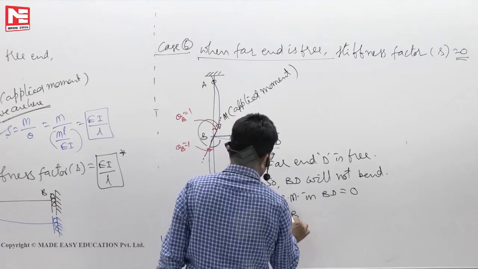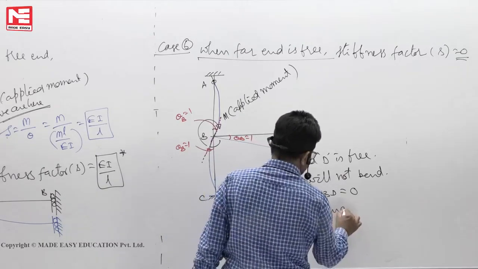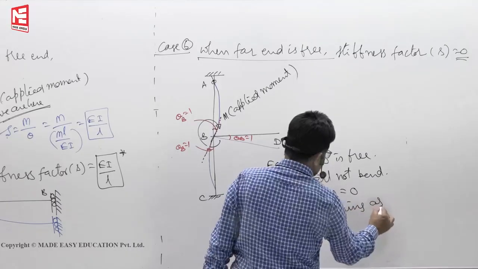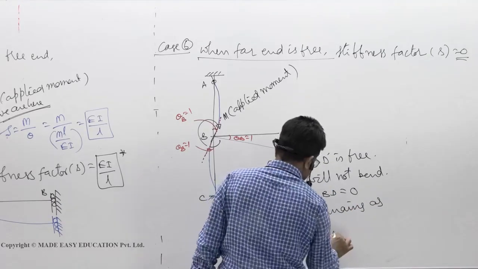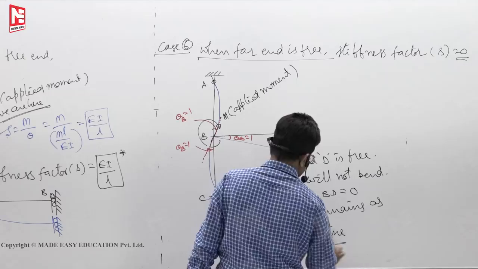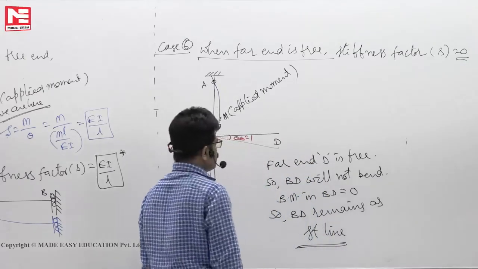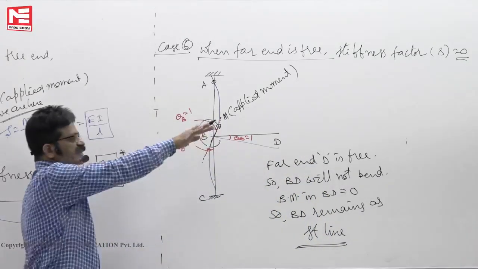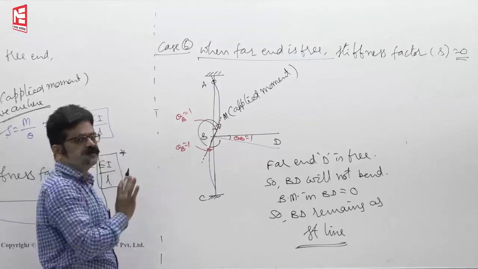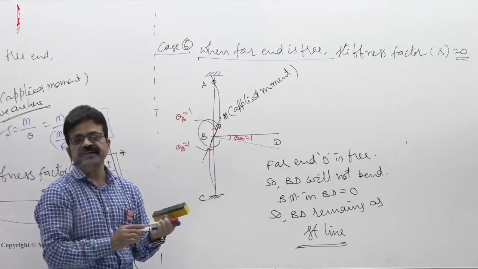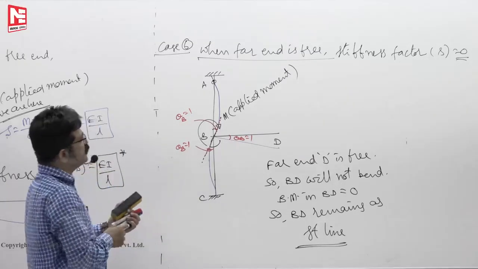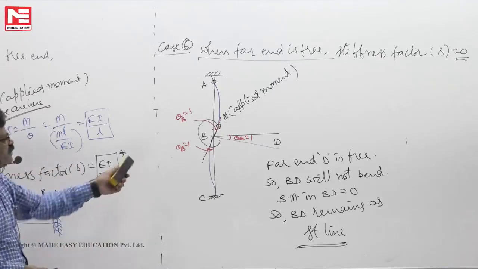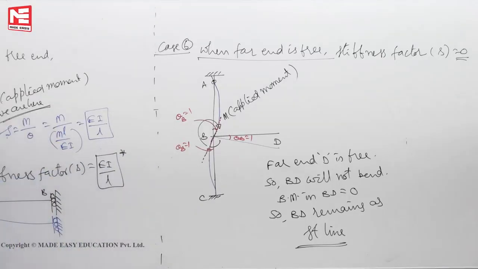So BD, as a straight line, remains as a straight line. As a straight line, it will rotate as a rigid body. That is not a bending deformation. So the stiffness factor is 0. This is the case we are discussing.